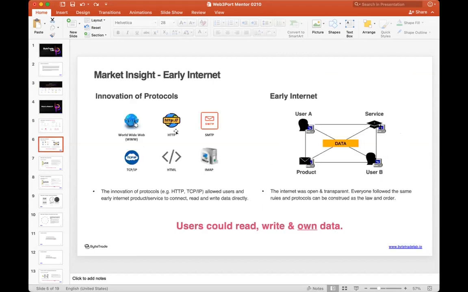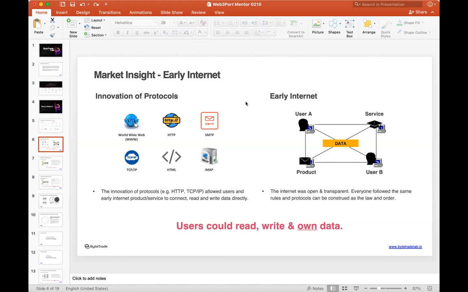If we take another look at the evolution of the internet, it started off with the innovation of protocols. We have HTTP, SMTP, TCP, IP, and all these protocols enabled the early internet. In the early internet everything was peer-to-peer, with different users and protocol services interconnected to each other.